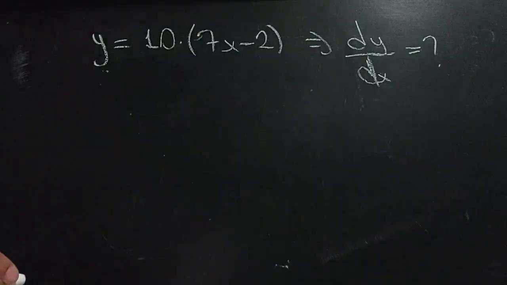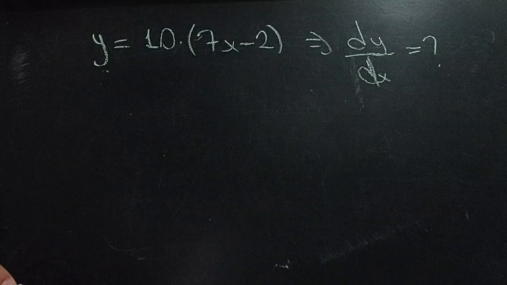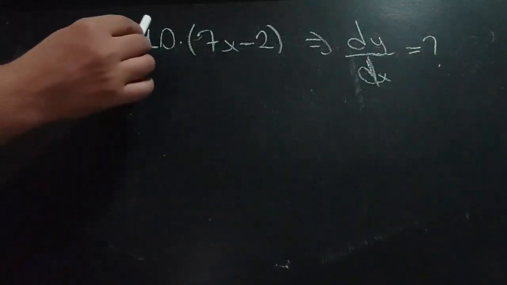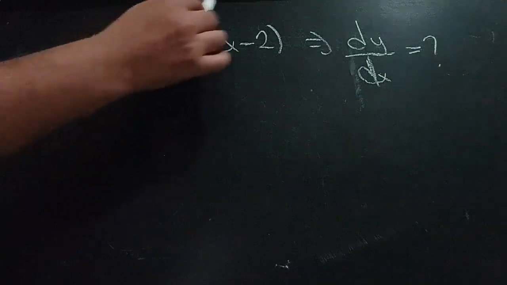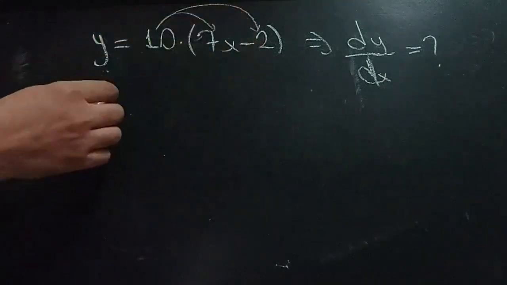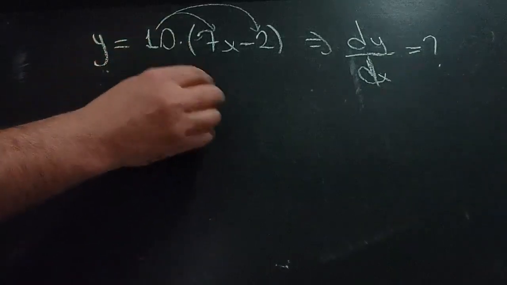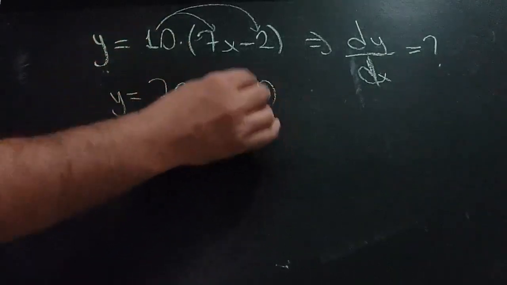Alright, y equals 10 times the bracket 7x minus 2, find dy over dx, which is the derivative of y. For this question, you first need to open the brackets. That will give you y equals 70x minus 20.